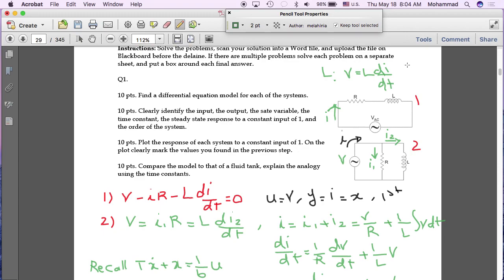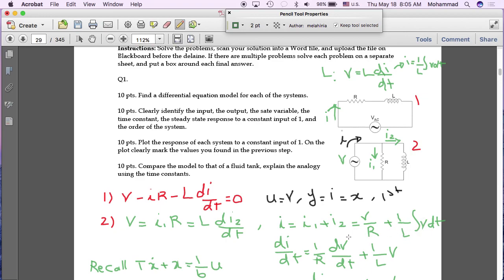What I get as a result of integration is that I is 1 over L integral of V dt. And that is exactly the equation we are using here. So the total current is V over R plus 1 over L integral of V dt.